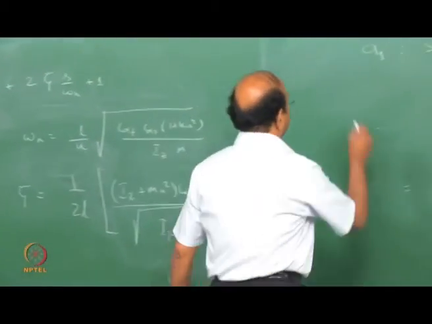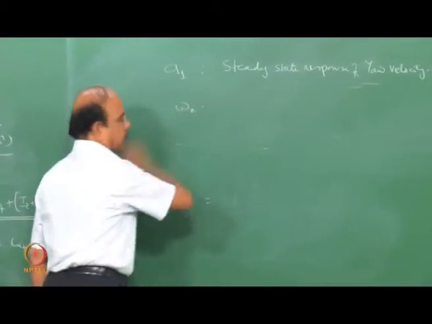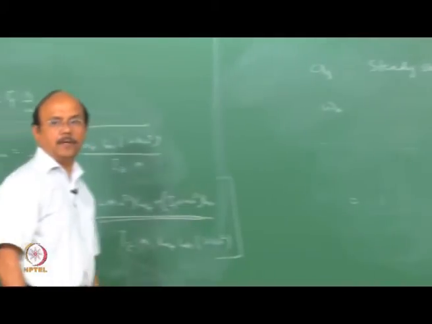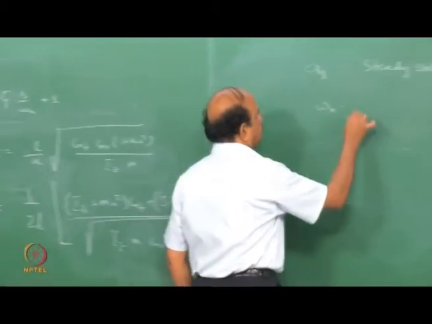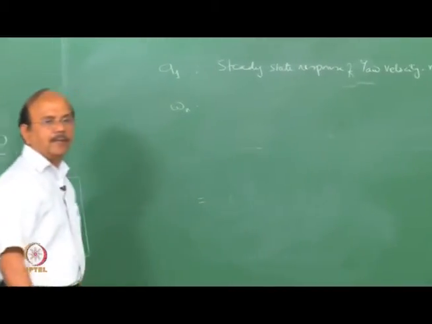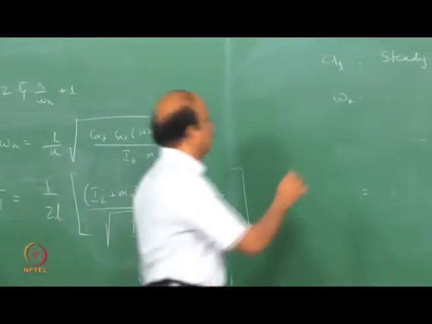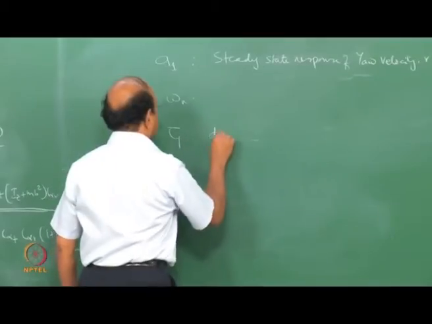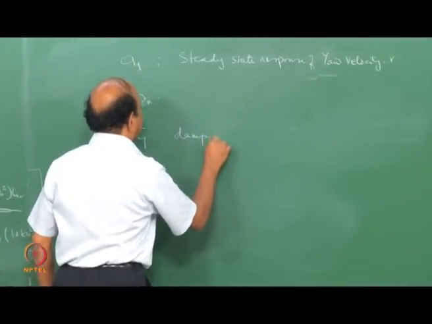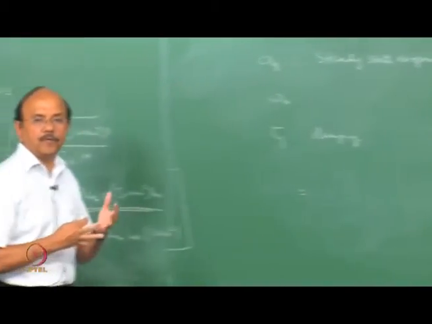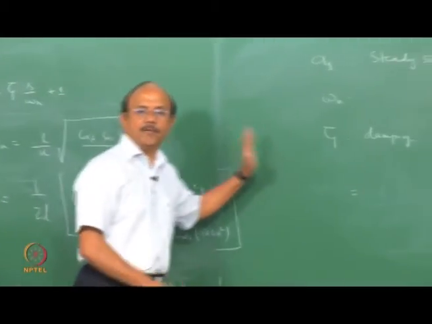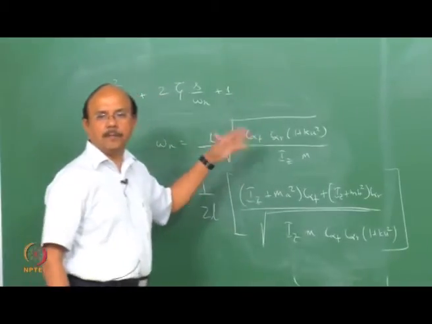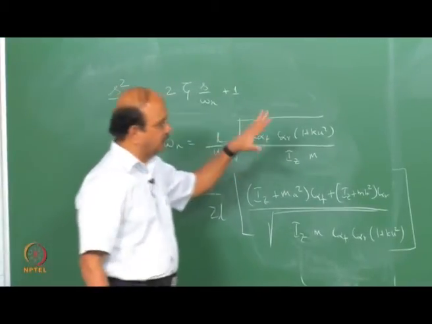The second quantity of interest is omega n, which is actually the natural frequency of the system. The third quantity of interest is damping. Though Memuro calls this the natural frequency of yaw and natural frequency of damping, I would resist calling this, because they are just the poles of the system. I wouldn't like to give them a name.